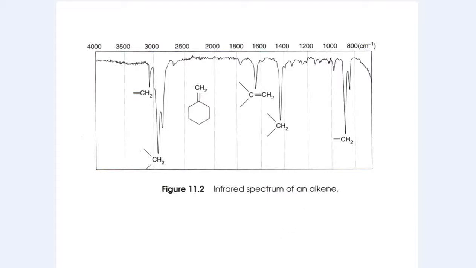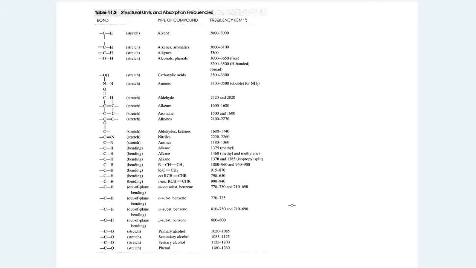Let's now look at the table of IR frequencies, the structural units and absorption frequencies table. Let's look at this portion of the table. These are all bending peaks associated with a carbon-carbon double bond.